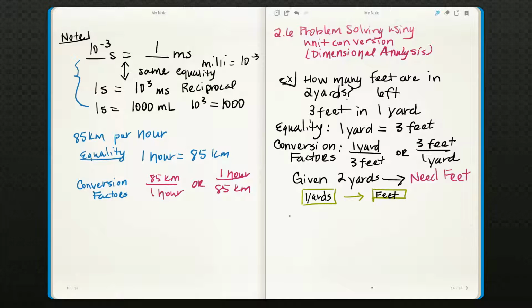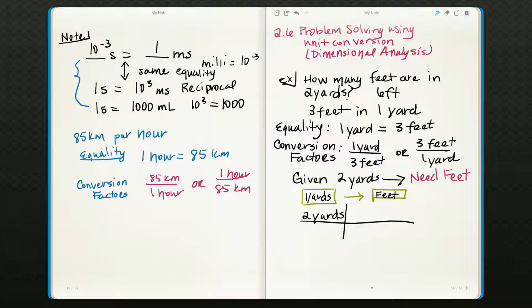So you start with what you're given. So 2 yards. And then we can use this kind of railroad system here to be able to easily see what you need to multiply and what you need to divide. So first thing, when you look at this to set it up, look at what's in the numerator in your given. Look at the units.